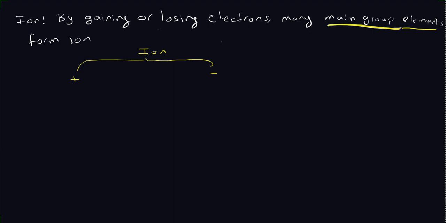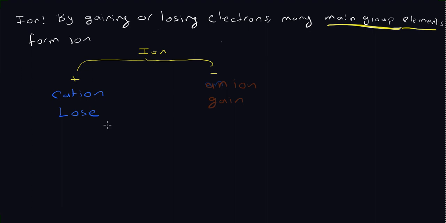Positively charged is called a cation and loses electrons. Negatively charged is called an anion, which gains electrons.